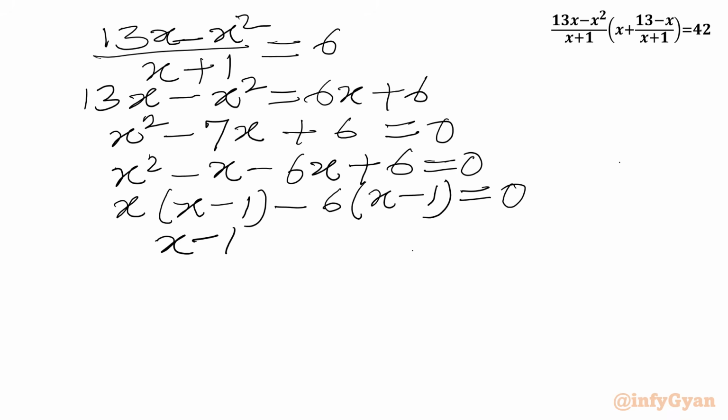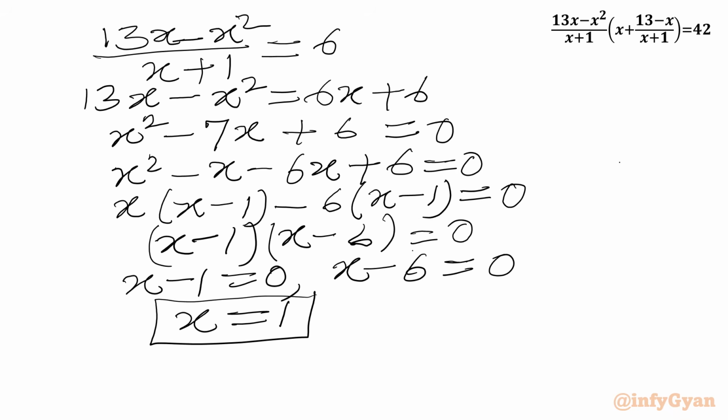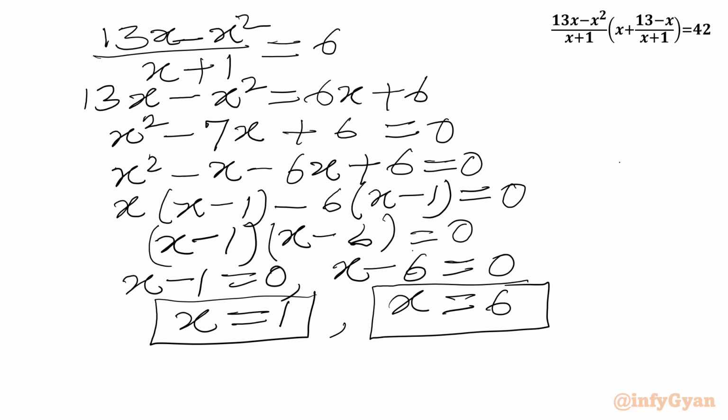So x minus 1 is common. We'll get the second factor, x minus 6, equal to 0. Again we will use the product 0 rule. So either x minus 1 equal to 0 or x minus 6 equal to 0. So we will get x equal to 1, and from the second, x equal to 6. So we have two real values of x.